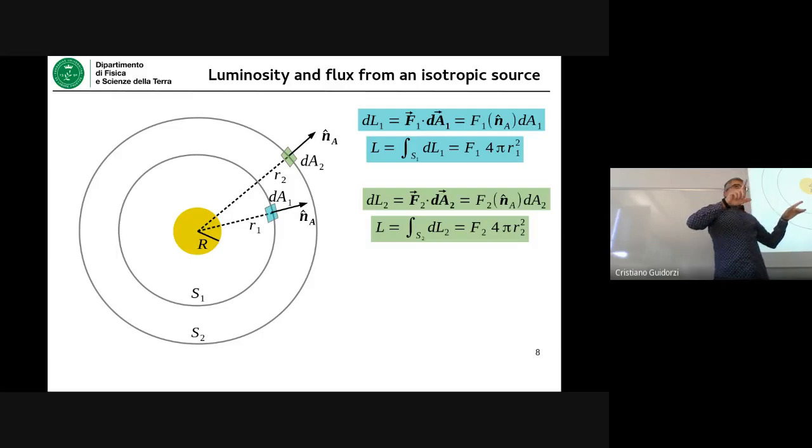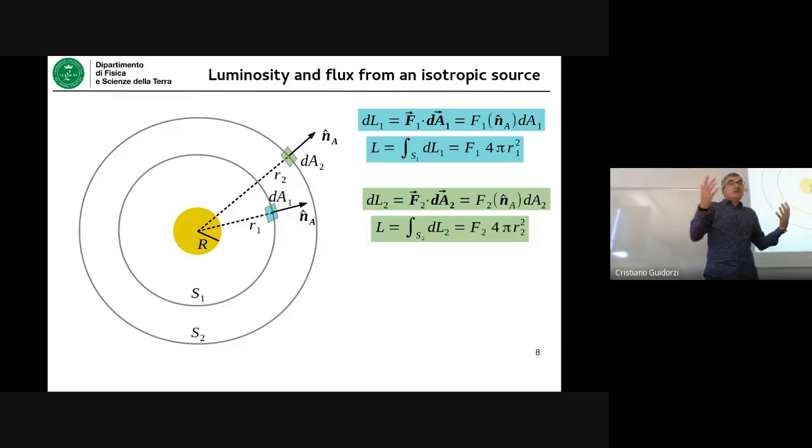It means that per unit time, the source is emitting the same amount of energy. So for the conservation of energy, the same amount of energy which is crossing S1 must be the same as the amount of energy crossing S2.